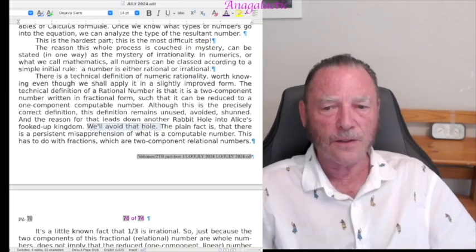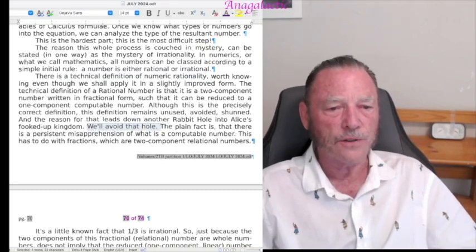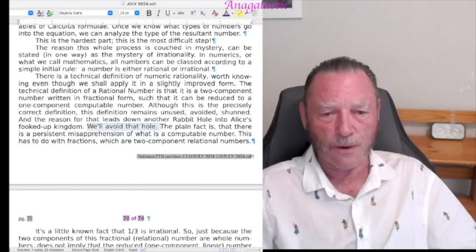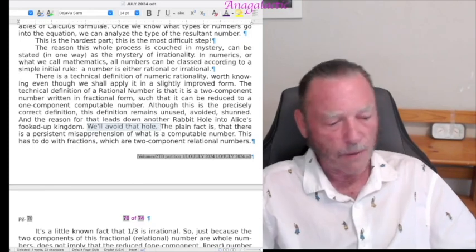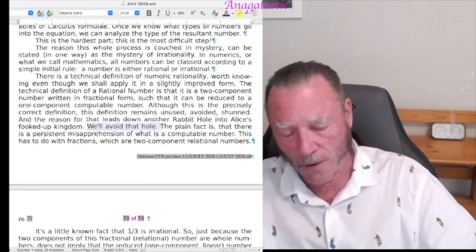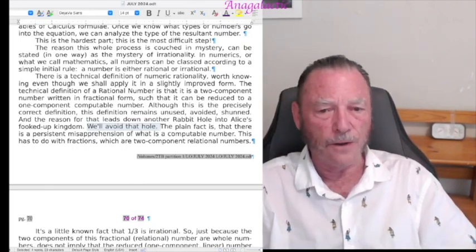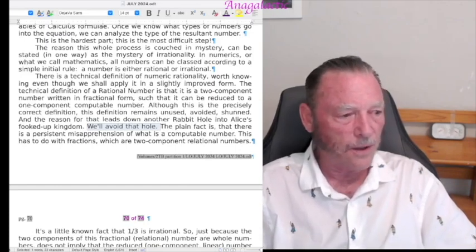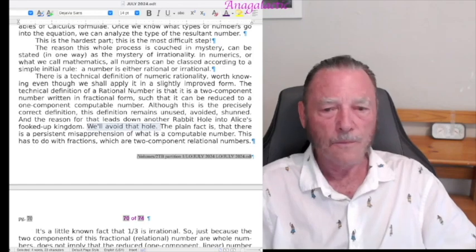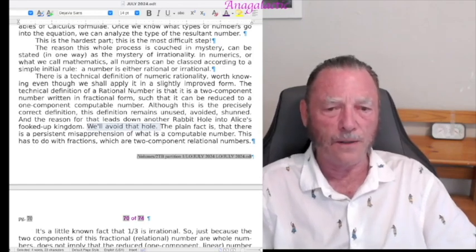The plain fact is that there is a persistent misapprehension of what is a computable number. By the way, one of the foremost geometers left on Earth who's still kicking, he's in Australia, his name is Norman John Wildberger, one of my teachers.